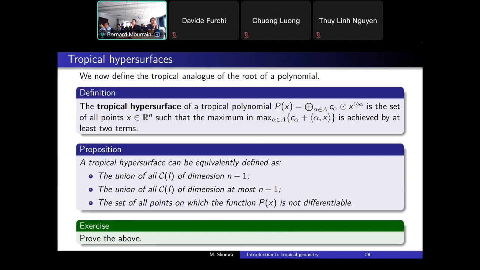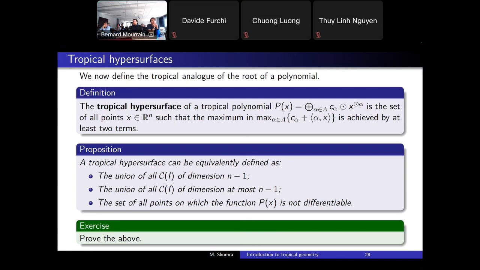I missed the last lecture, I'm sorry, but there are two things I'm confused about here. What does it mean to differentiate a tropical polynomial? This is just a real function. You think about it as a normal function that sends x to the max of these terms. So we can differentiate it like in real analysis, and at almost all points it is differentiable.